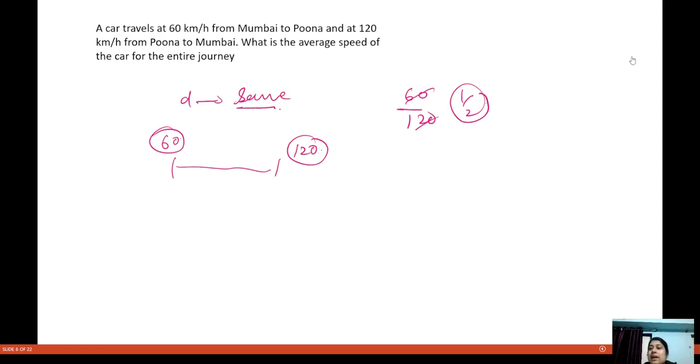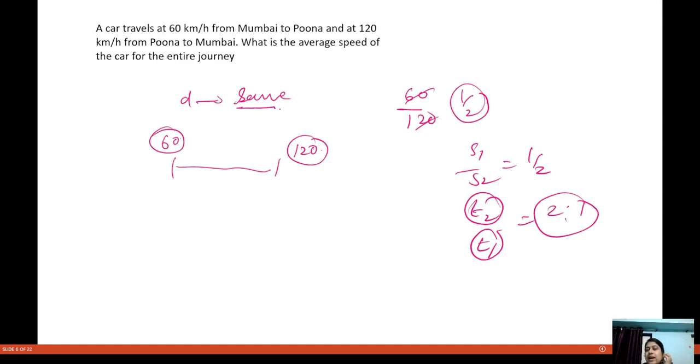If the ratio of the speed S1 by S2 is 1 by 2, then the ratio of T2 by T1 is 2 is to 1. Because if you are traveling at 60 kilometer per hour, then you will take twice the time. So we will write 2 here and we will write 1 here.